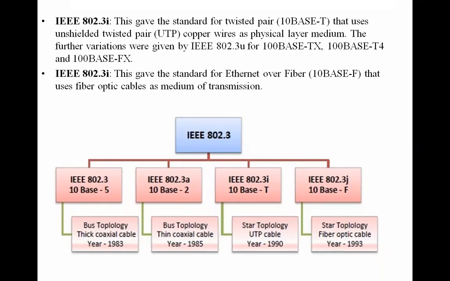That is 802.3u for 100 Base transmission, that is TX, 100 Base-T4, 100 Base-FX. These are some of the sub versions. We are going to use twisted pair cables, copper wires. We can call them copper wires.